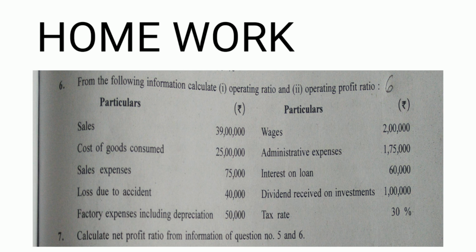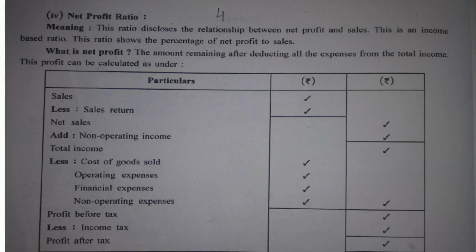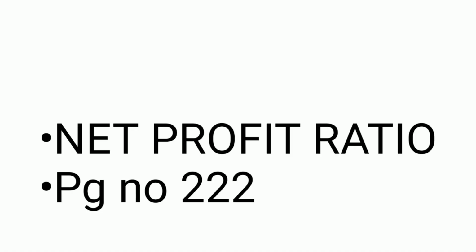Okay. So the next ratio to operating profit ratio is net profit ratio, which is given on page number 222 in your textbook. Yes? Let us see that. We are not going to solve sums on the basis of this ratio in today's lecture, but obviously we'll understand it a bit. You will learn the same so that I can explain it in a better manner in the next lecture.